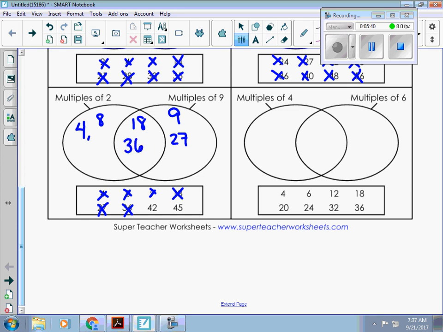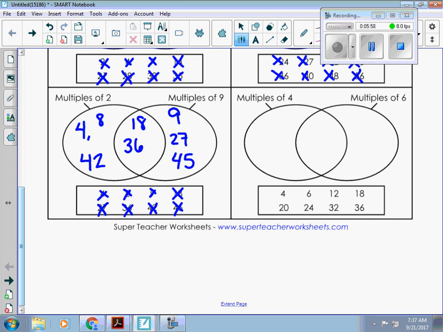So 36 goes in the middle. 42, I can do 2 times 21, but nothing times 9 is 42. And 45 is odd, so it won't work for 2, but 9 times 5 is 45.